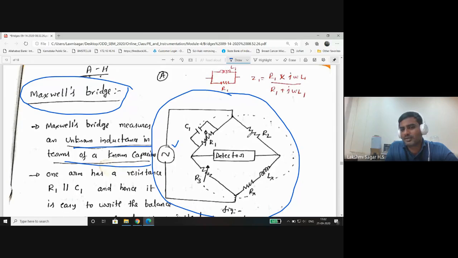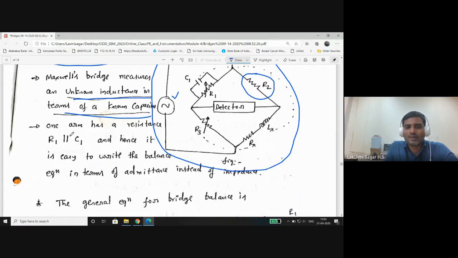Impedances have both resistance and reactive components if connected either in series or in parallel. If a bridge arm has only a resistor, then that arm has a pure resistance value, so the current is in phase with the resistance. Understood this one?